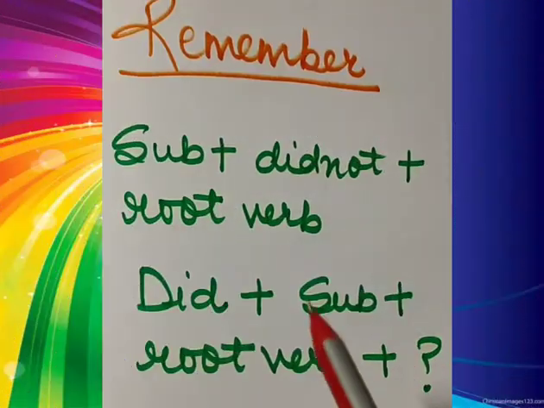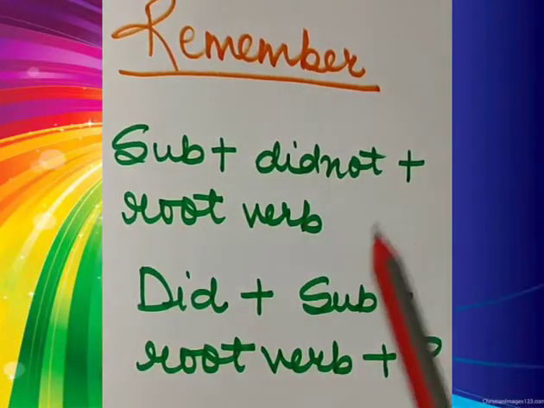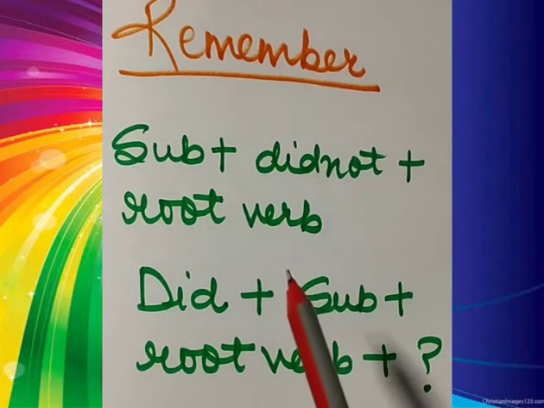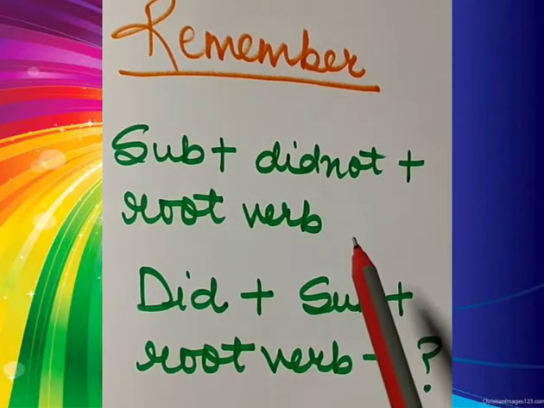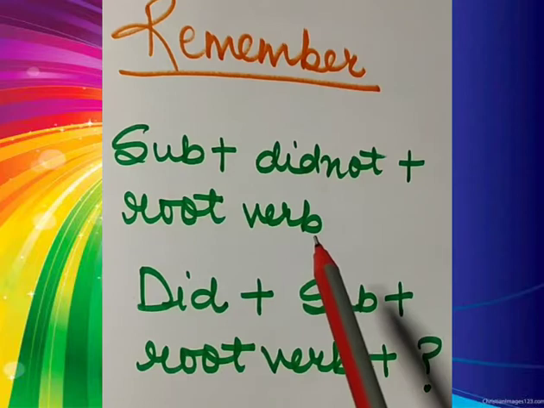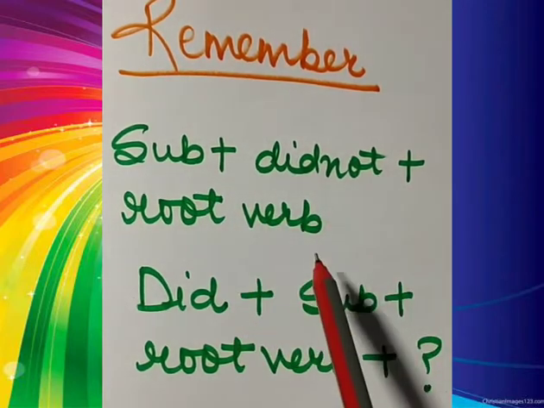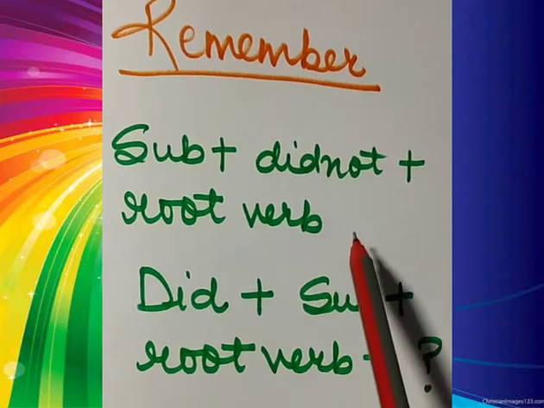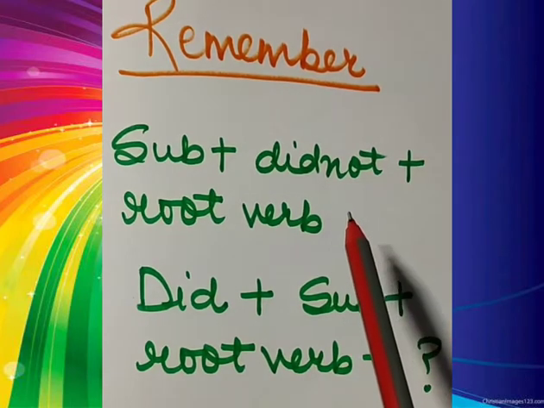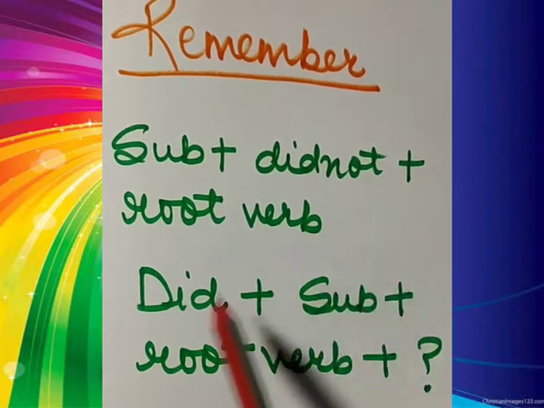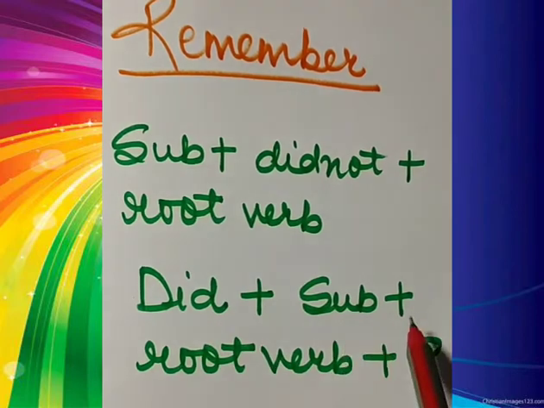So my dear students, you have to remember these things when you are changing to the negative form in the past tense. Subject plus did not plus root verb. This pattern we have to follow in the negative sentences. Did plus subject plus root verb, that is first form of the verb plus question mark.